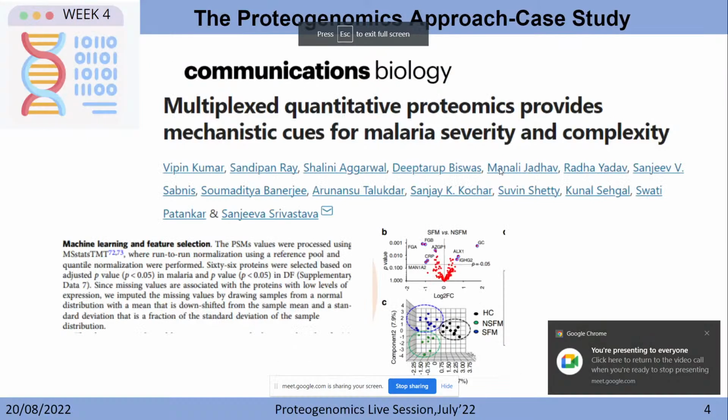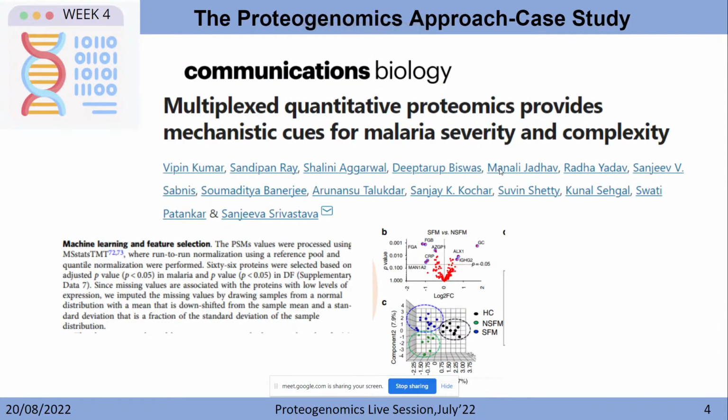Now I would like to give another case study of a paper where a quantitative proteomics study has been used to identify malaria severity and complexity. You know that a disease like malaria can progress from non-severe to severe cases.